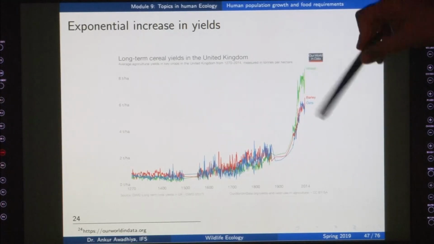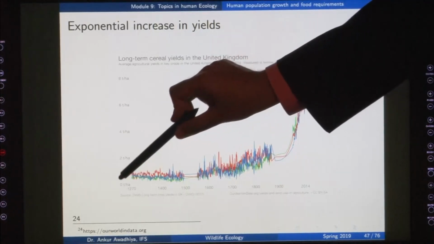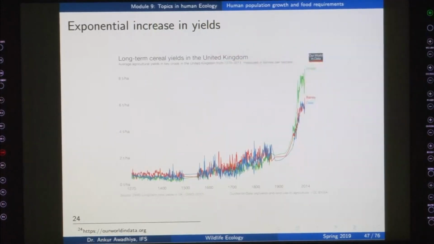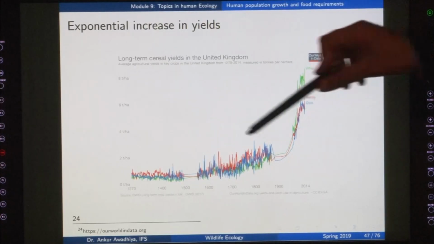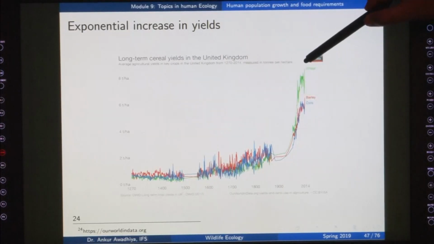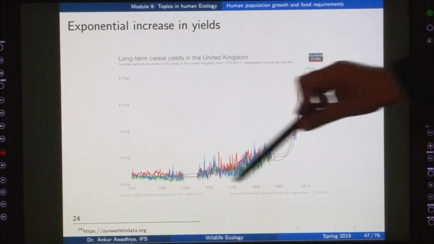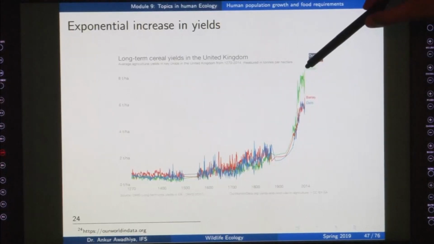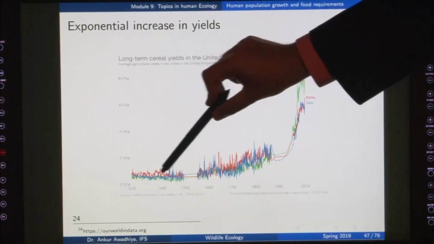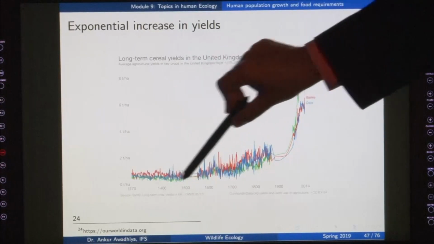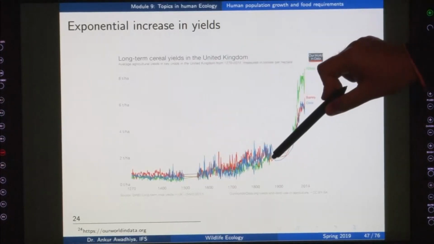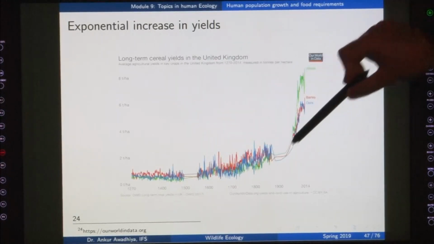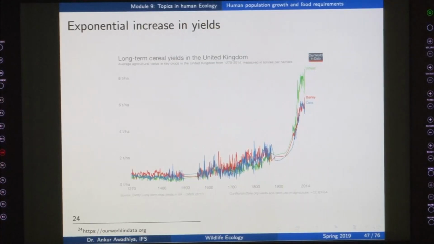Here the red color is barley, the blue one is oats, and the green one is wheat. If you look at the very early stage, the productivity was close to 0.5 tons per hectare, but now the productivity is as high as 8 tons per hectare in the case of wheat. In this period we saw more or less an arithmetic progression, but in this period what we are observing is a geometric progression or an exponential increase.